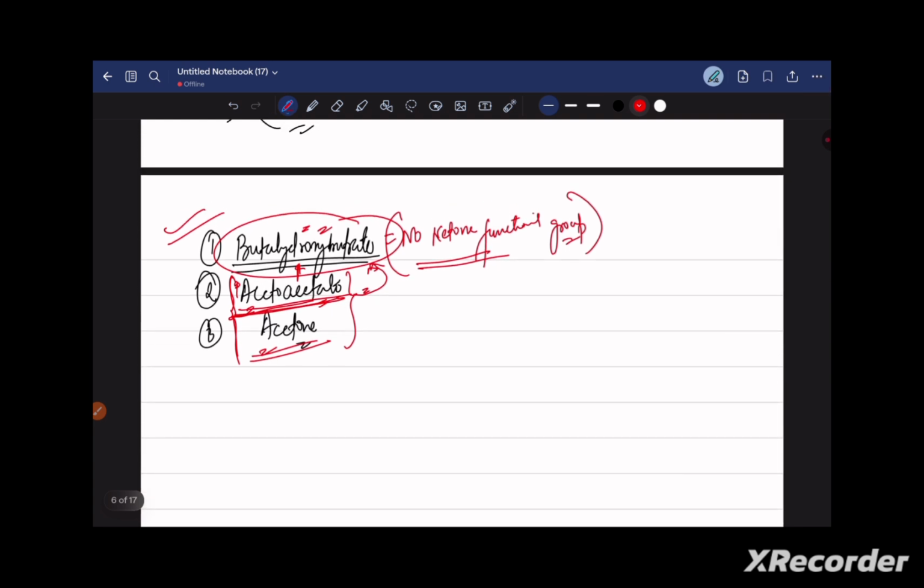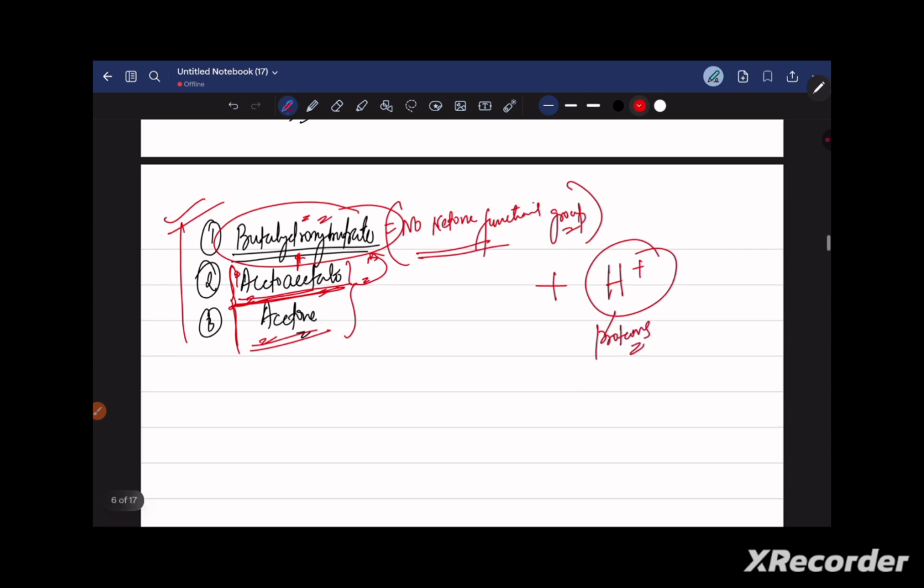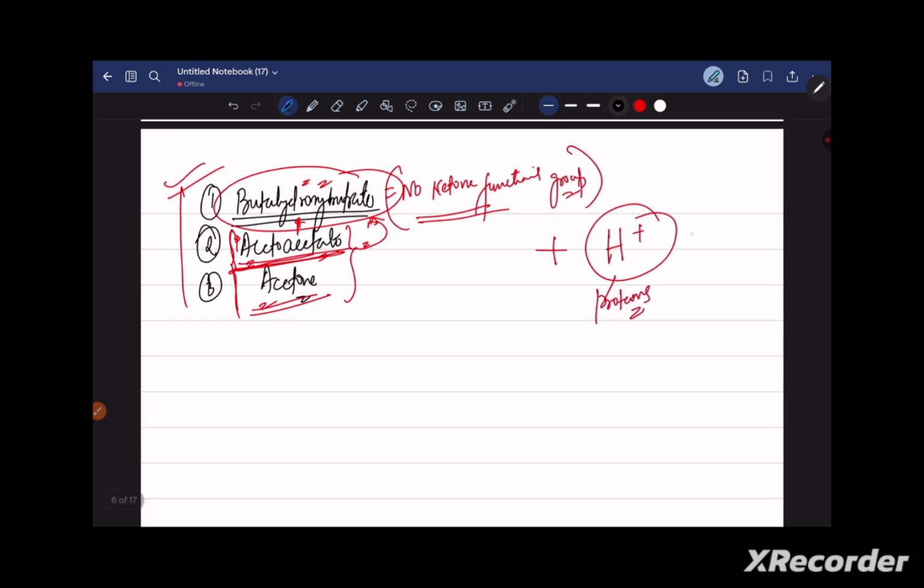But what happens here, along with the production of these three ketone bodies, is a huge production of protons. When the concentration of these protons in the blood increases, it will decrease the pH of blood, which means there will be acidosis.